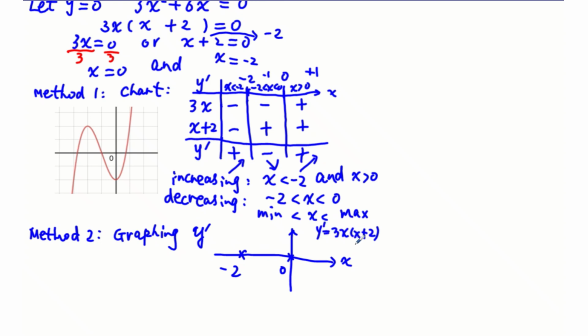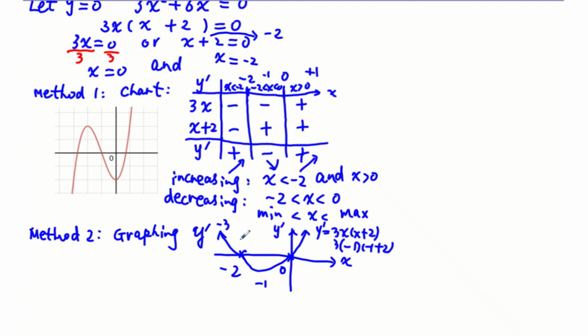Then we substitute in a number, -3. You will see -9 times -1 is positive. So in this part, y prime is positive. Here we pick a number -1, substitute in, and 3 times -1 plus 2 gives you negative, so it is less than 0. And for x greater than 0, y prime is positive again. So this is our y prime.